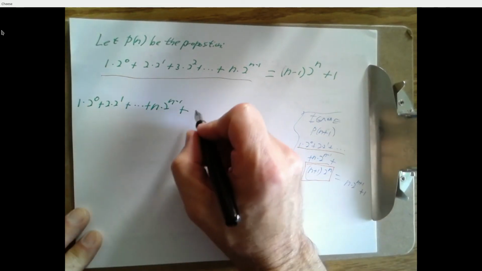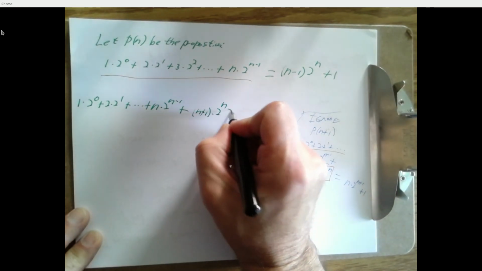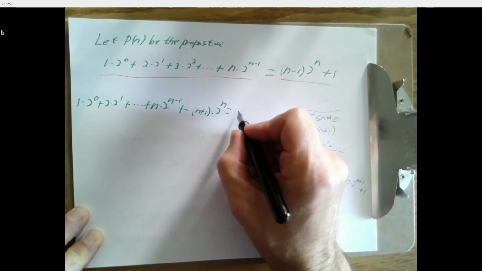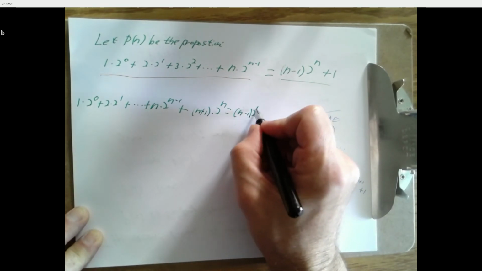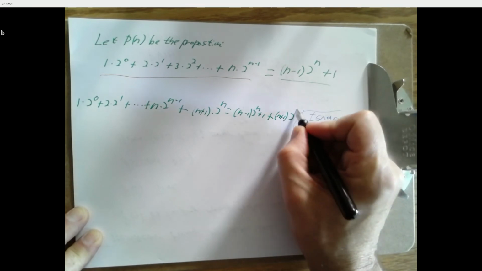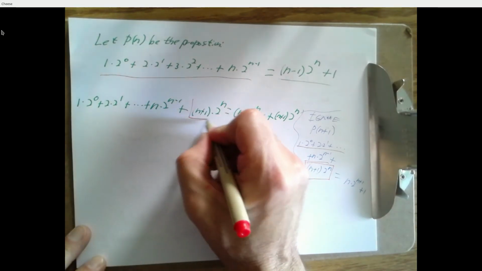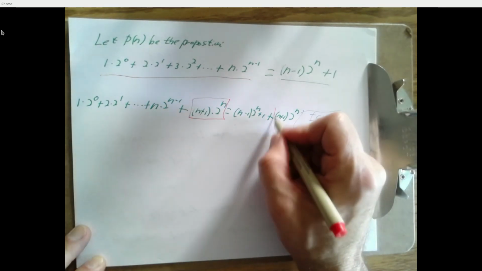So we're going to add n plus 1 times 2 to the n. And that's going to be equal to this right side, which is n minus 1, 2 to the n plus 1, plus n plus 1 times 2 to the n. All we've done is add this on the left side and on the right side.